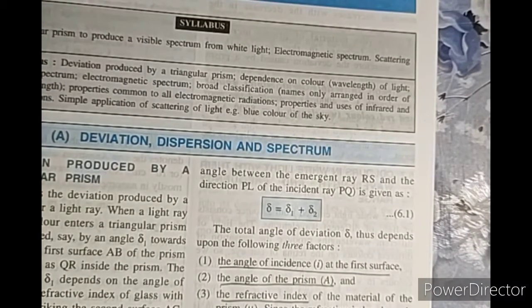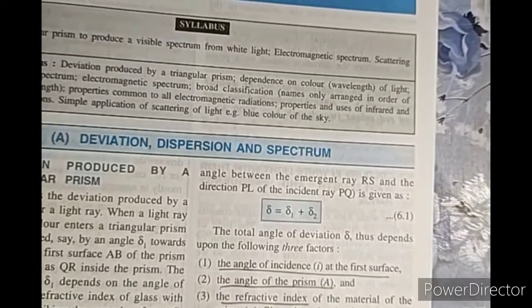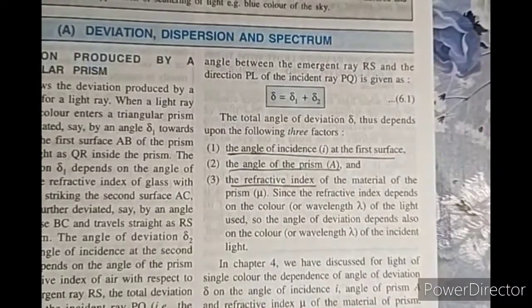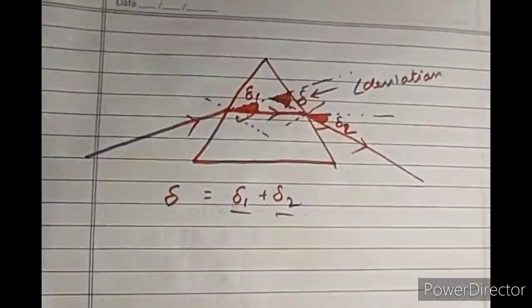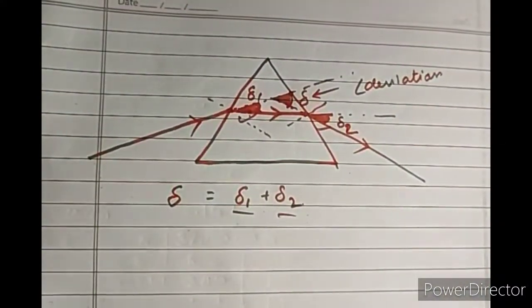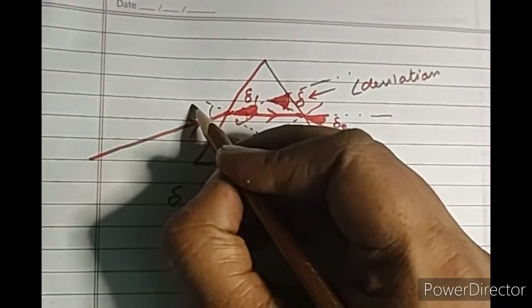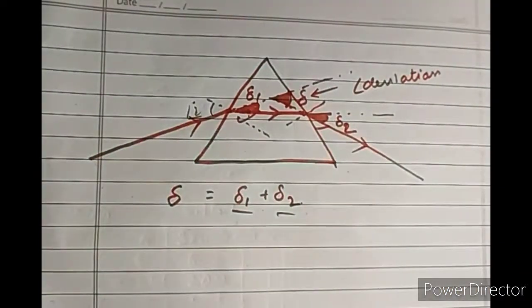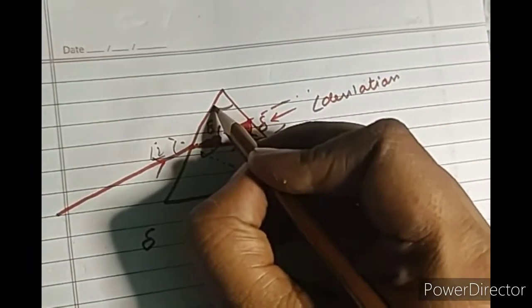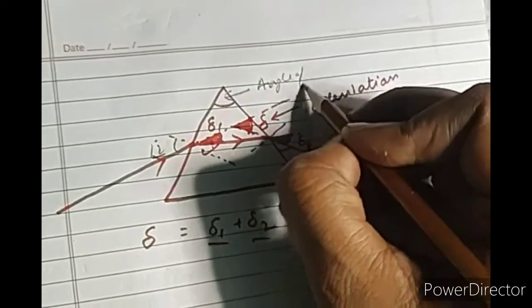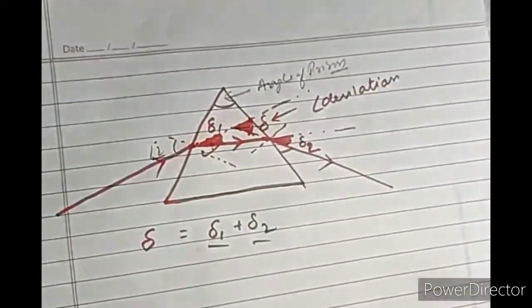So now let us try to understand the factors upon which the total angle of deviation depends. First is the angle of incidence at the first surface, that means this angle at the first surface. Next, the angle of prism, that is, this angle is called the angle of prism.